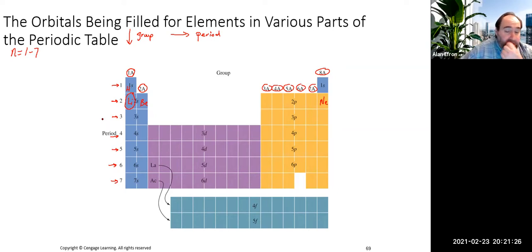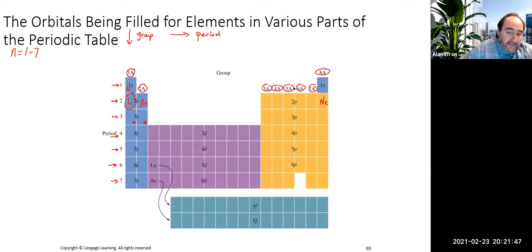But just to show you what's happening, as you can see here, the blue on the left, the first 2 groups, that was referred to as the S block on the periodic table. S's have a grand total of 2 electrons, 1 S electron there, 2 S electrons there.